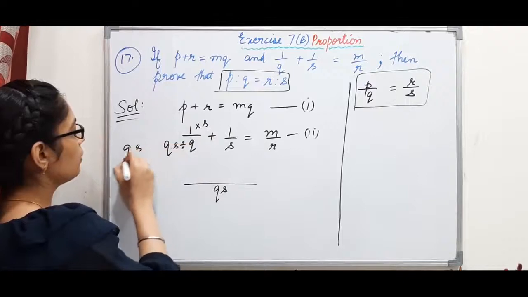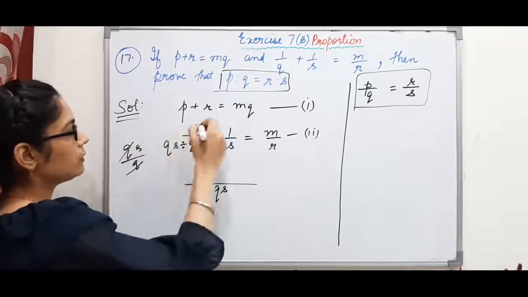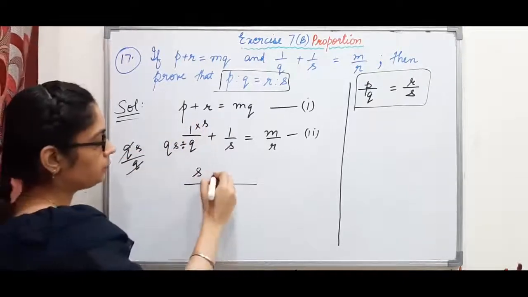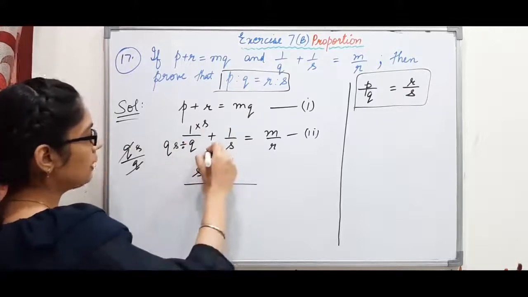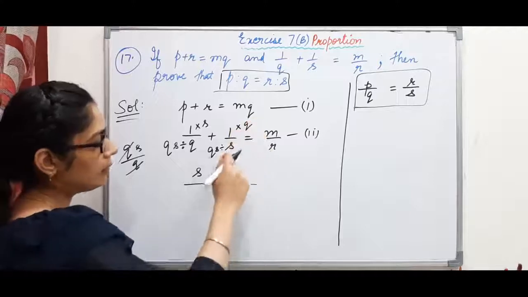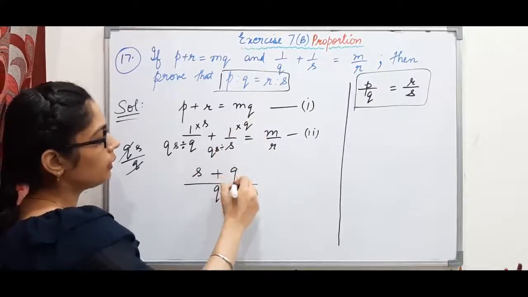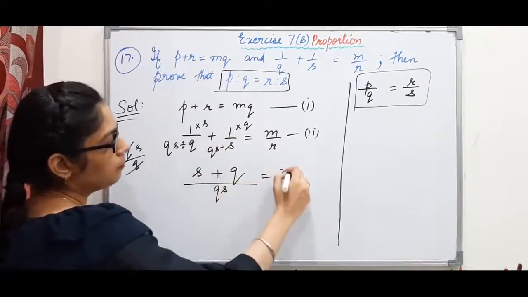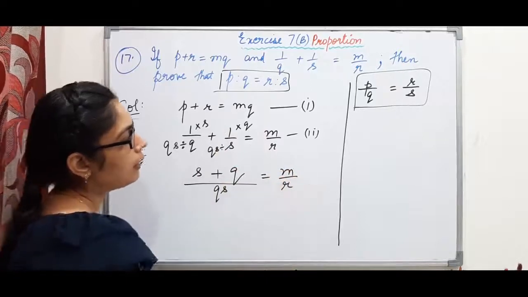QS by Q, Q and Q get cancelled, so S into 1 is S. Same thing, QS by S we will get Q, so Q into 1 is Q, by S, is equals to M by R.